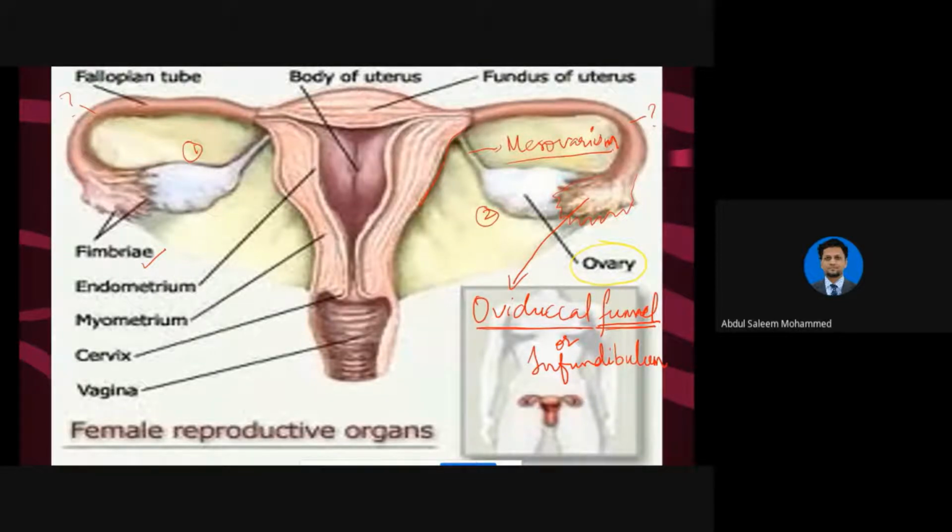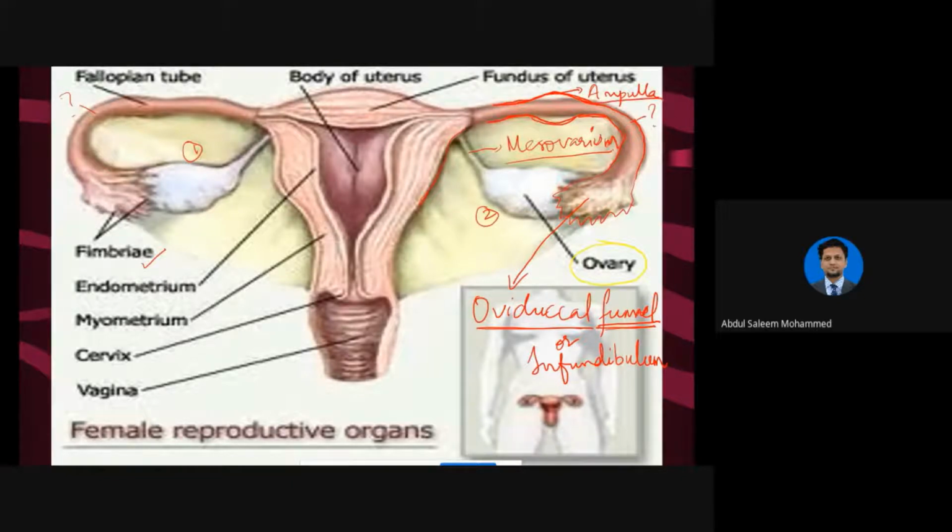Okay. Now, this funnel-shaped structure continues as a tube, and then it grows a little bit wide immediately after a short extension. This wider portion of the oviduct is called the ampulla.